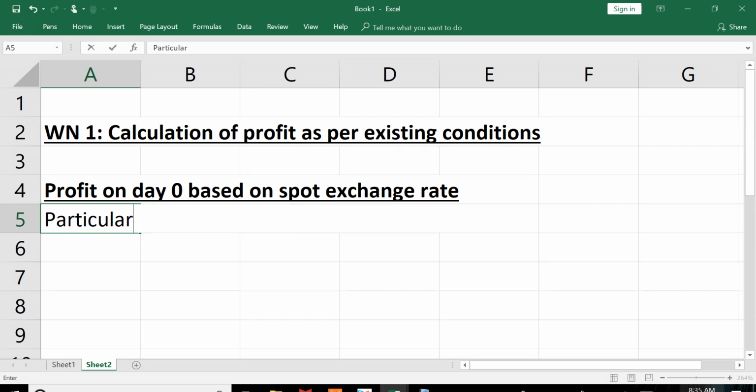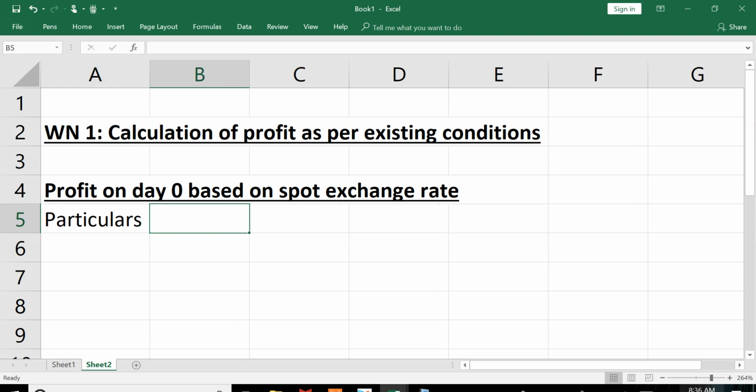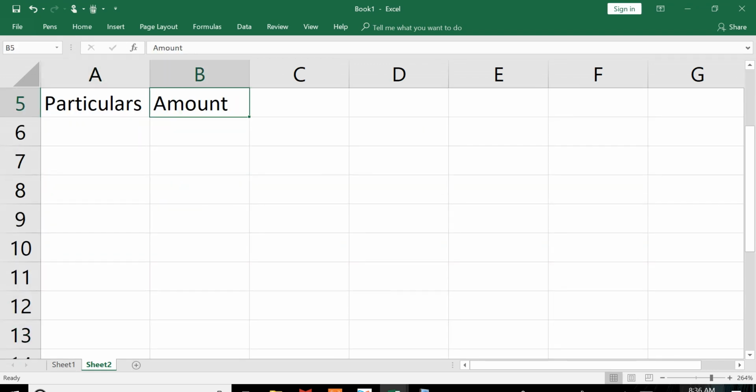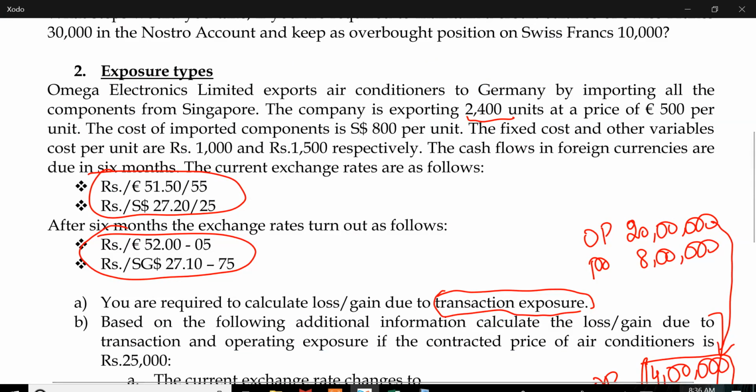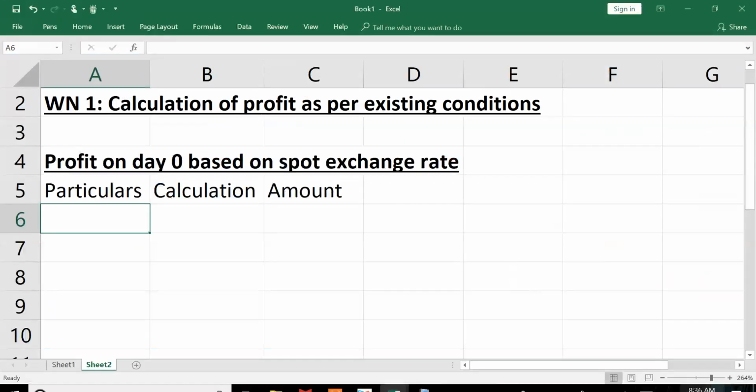Particulars, calculation and amount. I'll create the format, you try to fill it based on spot exchange rate. The format will be like this.